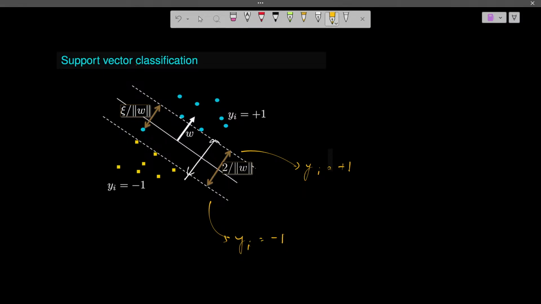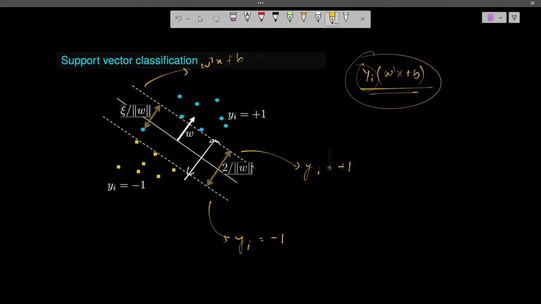So basically we write it as yi times (w transpose x plus b), which is greater than or equal to 1. Together we just write it like this.